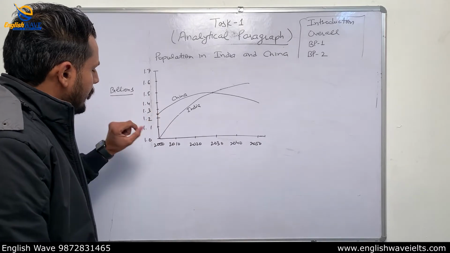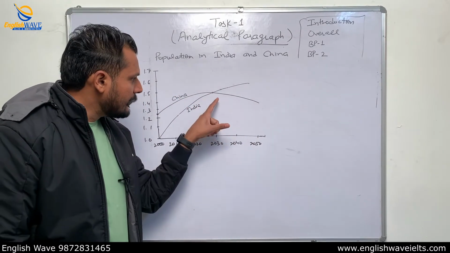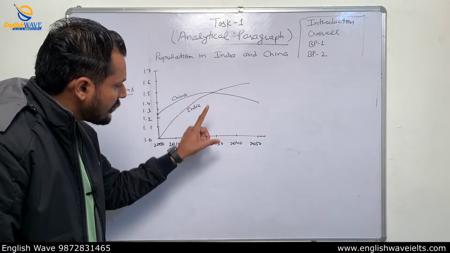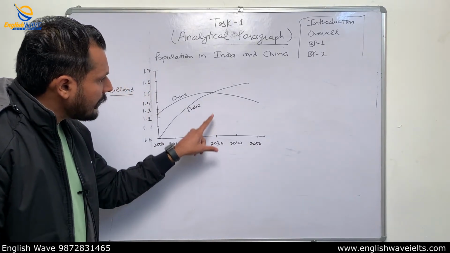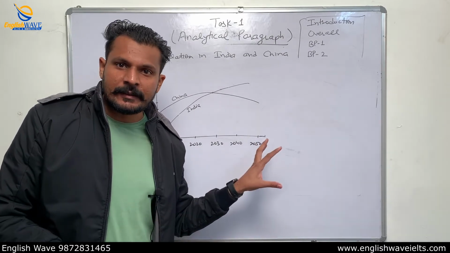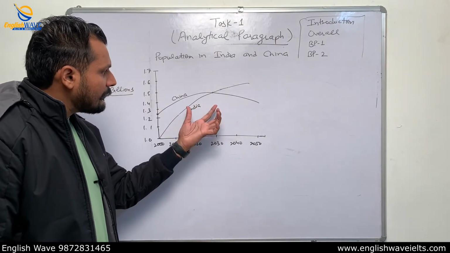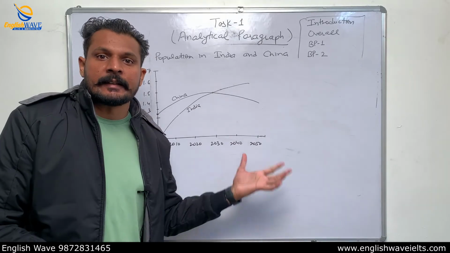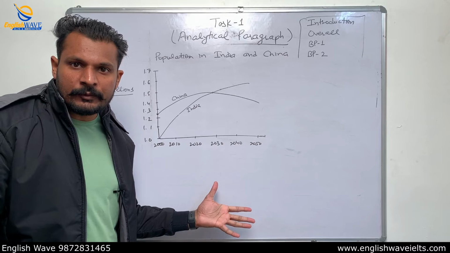So let's see what are the most noticeable trends in this. Obviously, India is surpassing China's population, and it will be happening in 2030. This is just a prediction. I'm not anticipating anything. This is just a prediction that India will surpass, or we can say outpopulate, China. So this is the most noticeable trend that we have to write on.